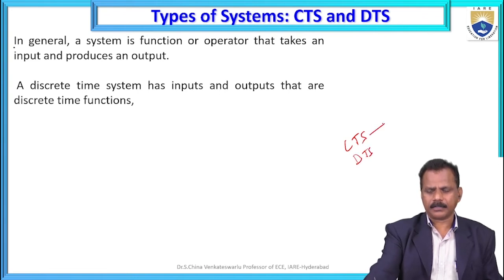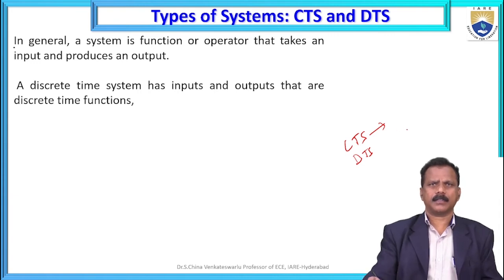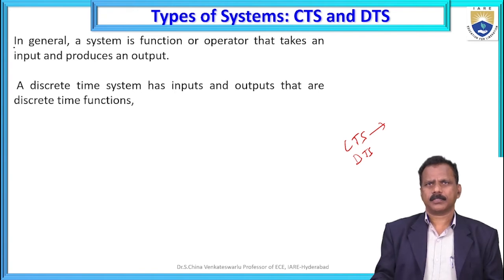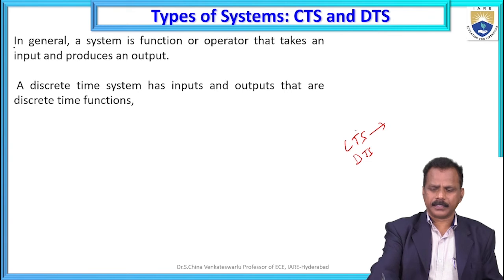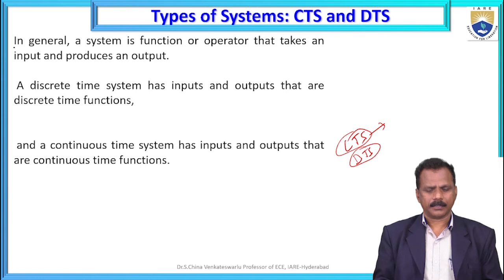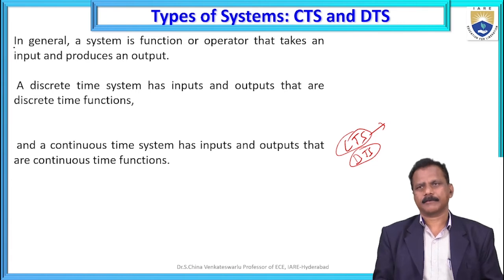That means the continuous time signal. In general, a system is a function or operator that takes an input and produces an output. The input may be either CTS or DTS. A discrete time system has inputs and outputs that are discrete time functions, and a continuous time system has inputs and outputs that are continuous time functions.